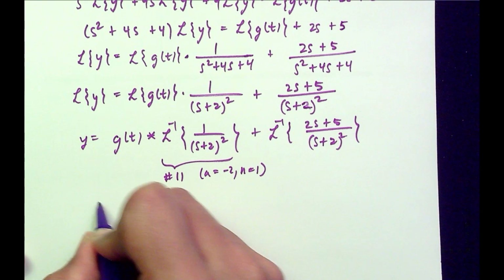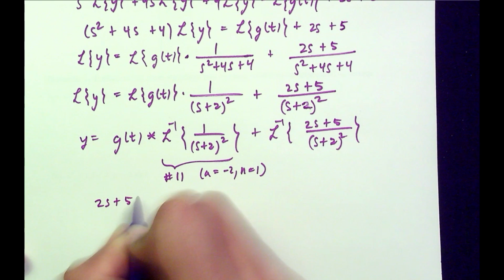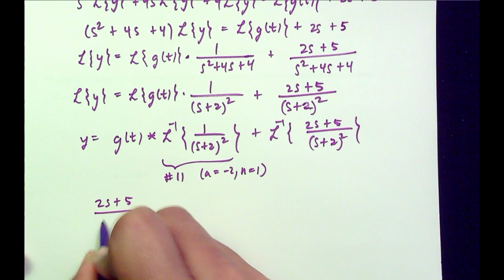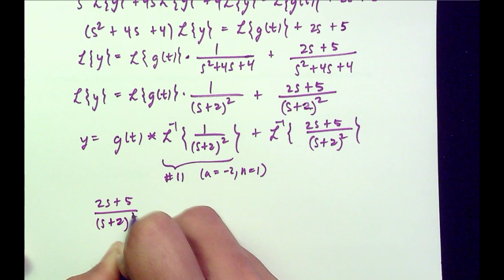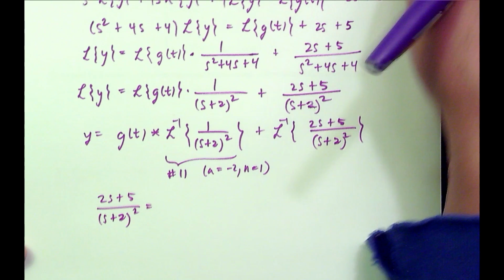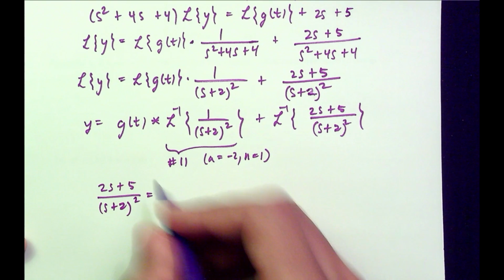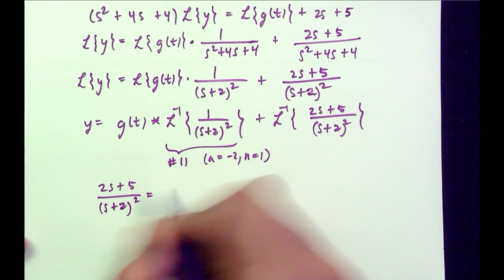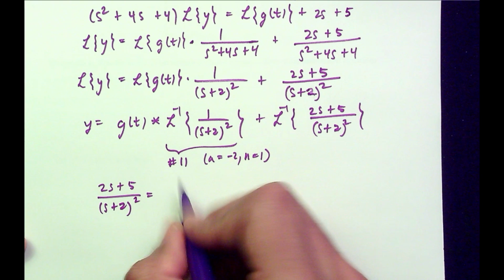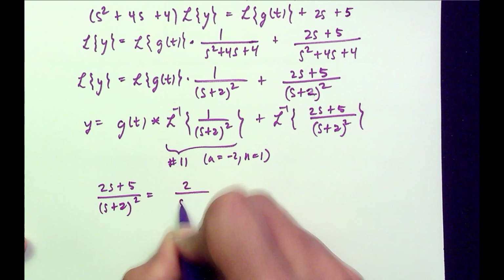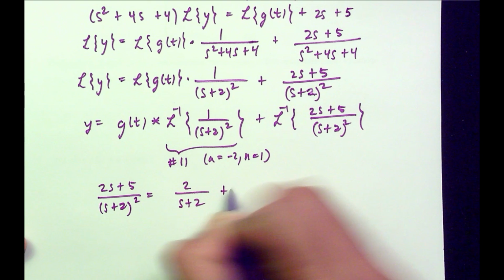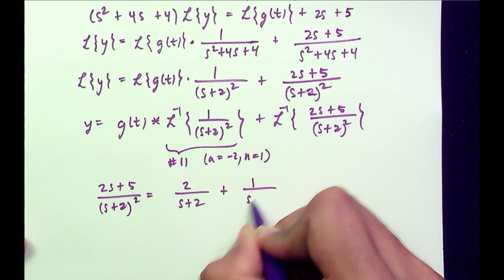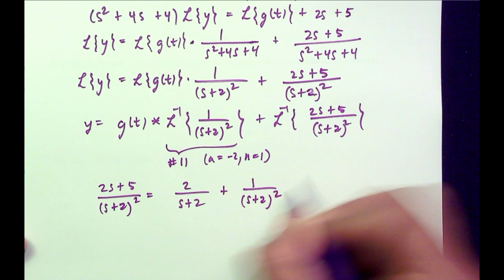Now, if you split that up into its partial fractions, I'm going to skip that because I've already done plenty of partial fractions, and you know how to do this. If you do the partial fractions to this, this is 2 over s plus 2 plus 1 over (s plus 2) squared.